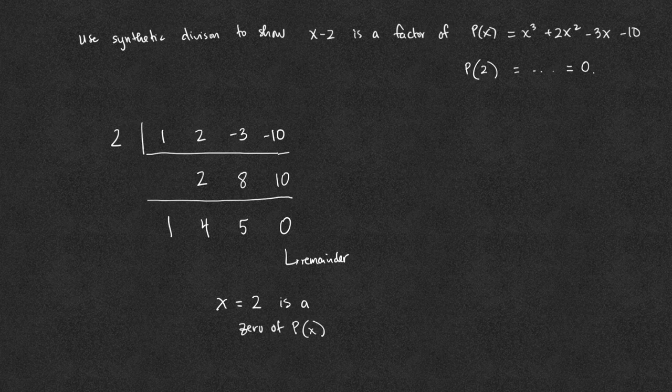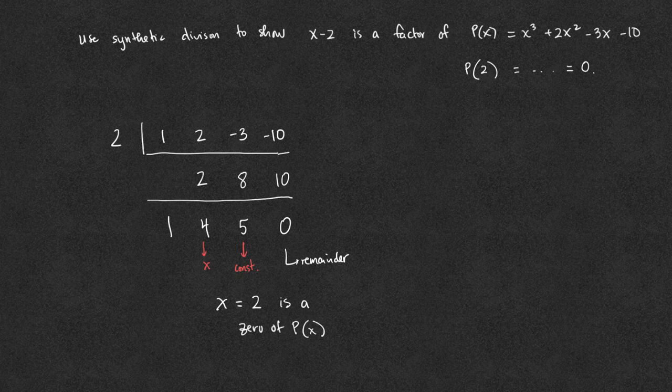To obtain the quotient, we would look at the coefficient on the left-hand side of the remainder in the last entry. That will be the constant coefficient for the quotient, and the number on the left-hand side of it is the coefficient of x.